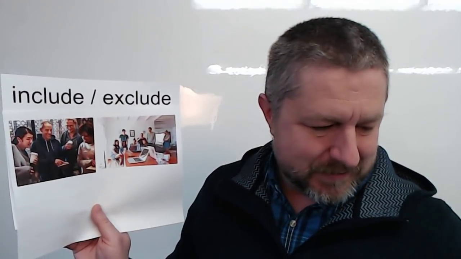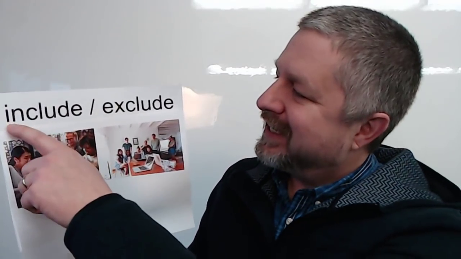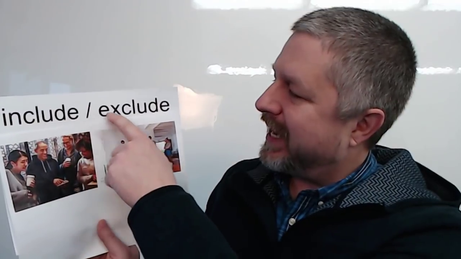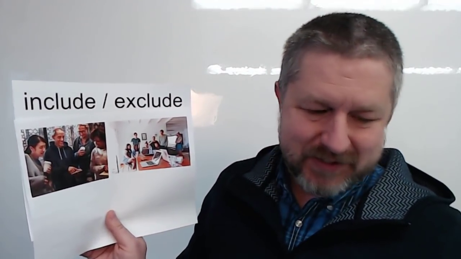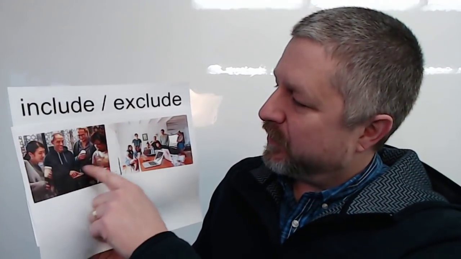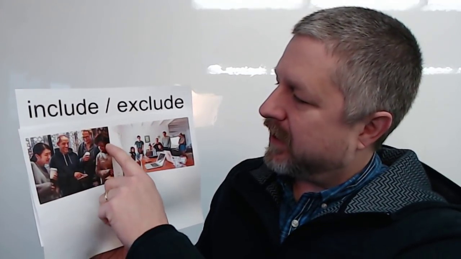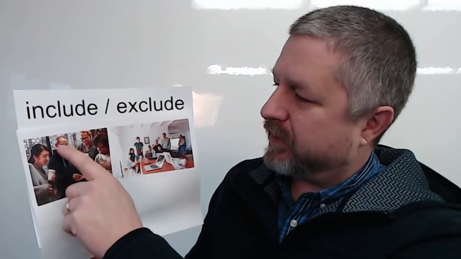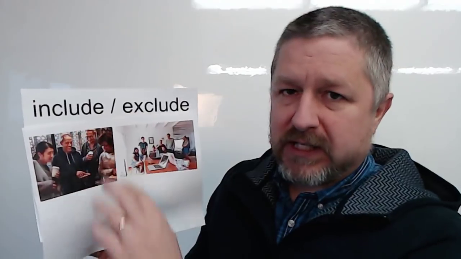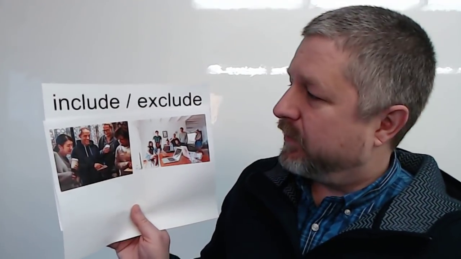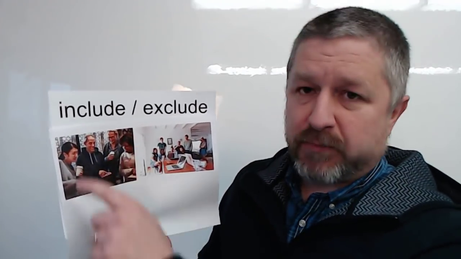So here we have include and exclude, and let me take a minute to explain this one. In this group, it looks like they are including all of the people. So everyone is looking at the same thing. Everyone is included. So we would say that here, everyone is part of the group.